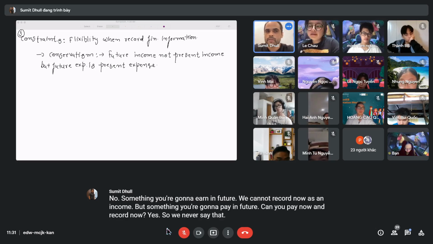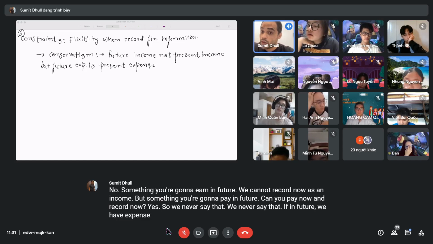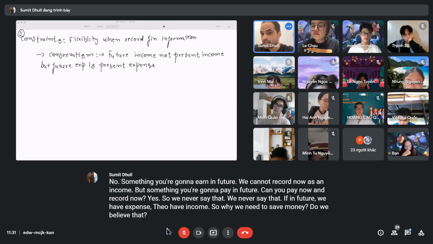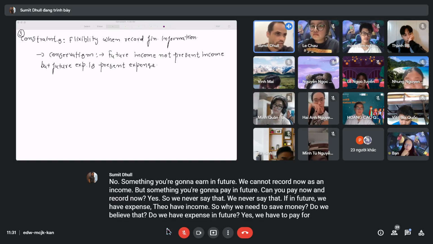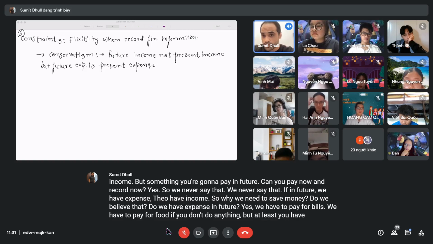So we never say that if in future we have expense, we also have income. So why do we need to save money? Do we have expense in future? Yes. We have to pay for bills. We have to pay for food. If you don't do anything, at least you have to pay for food, right?